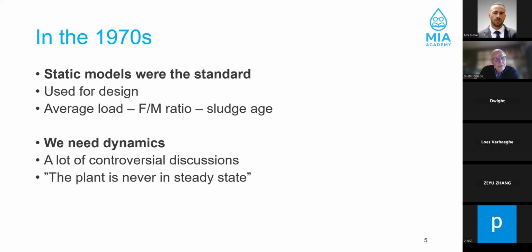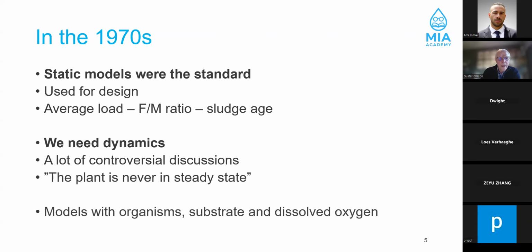How does the plant change for different kinds of disturbances, different kinds of load, concentrations, or flow rates, or whatever it is? And there were a lot of controversial discussions, and people really had almost a political fight about static models versus dynamic models. Thank goodness this discussion is over, hopefully, in all places.